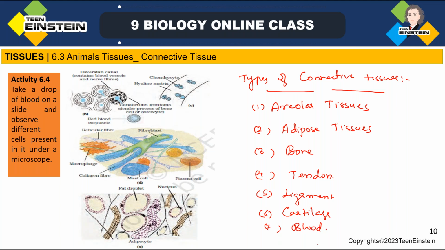So these are the different types of connective tissue: areolar tissue, adipose tissue, bone, tendon, ligament, cartilage, and blood.